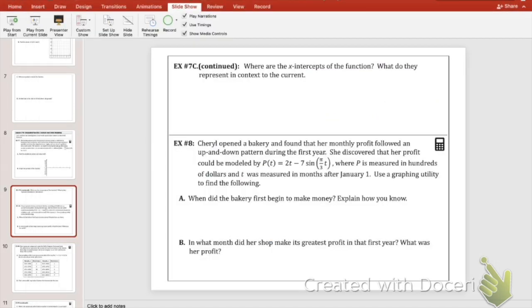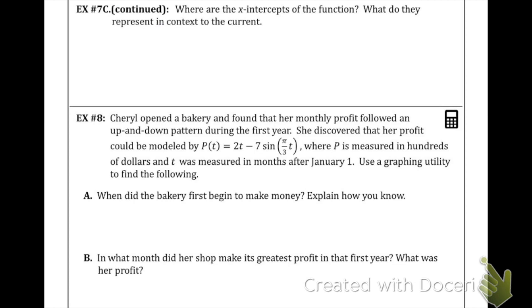So for our first question, it's asking, when did the bakery first start making money? So it was about 2.30. We're going months after January 1st. So T of 0 would be January 1st, T of 1 would be February, T of 2 would be March. So we're going to be in March.